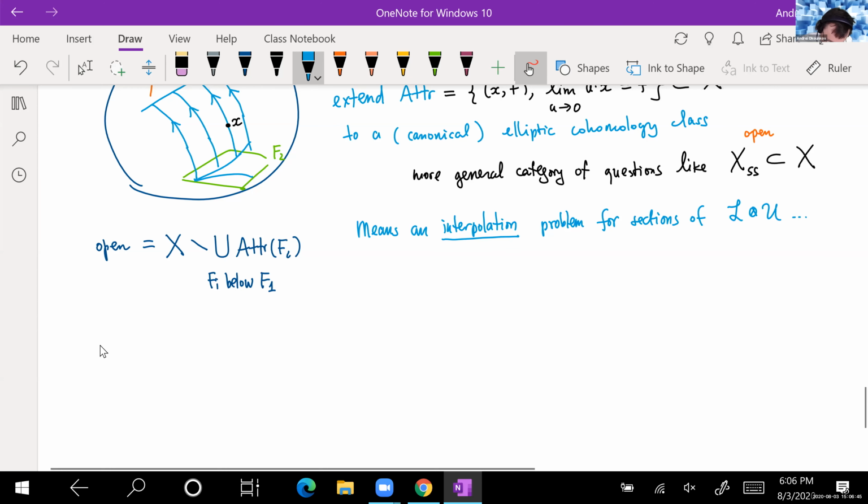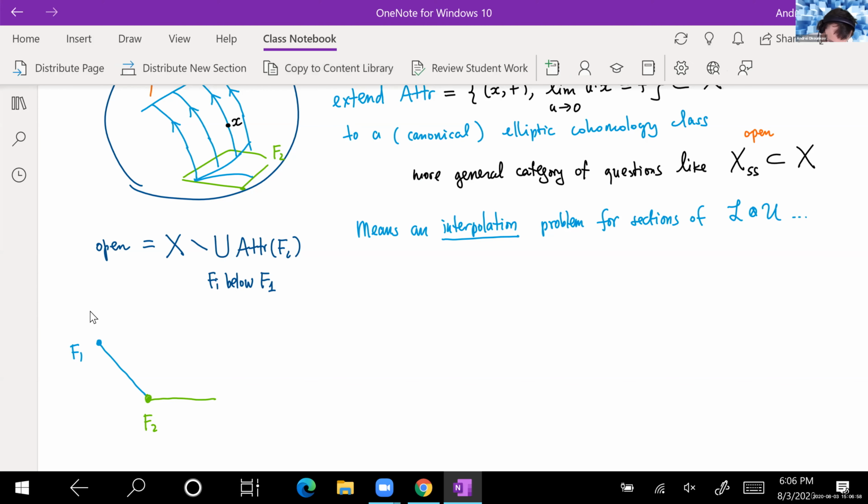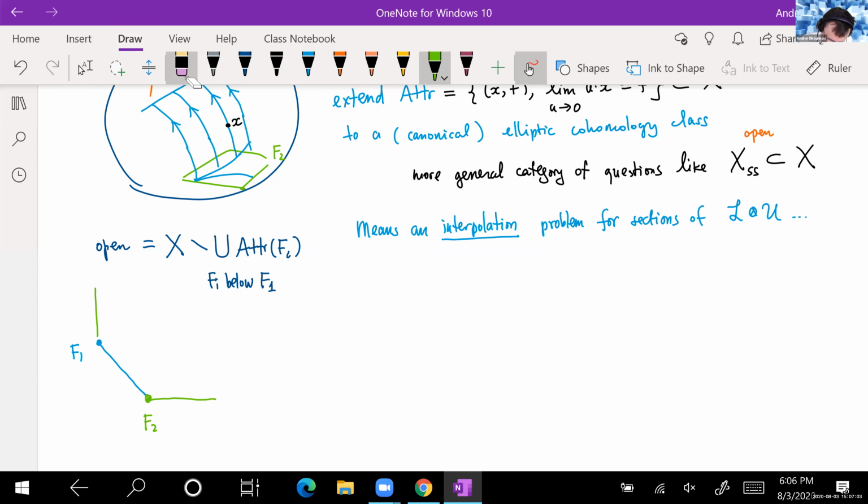This is my fixed locus F1, and it has some attracting manifold, and then there's maybe some other component F2, and that's my whole X. I'd like to remove some neighborhood of F2 and what was below it. This would be my open set.